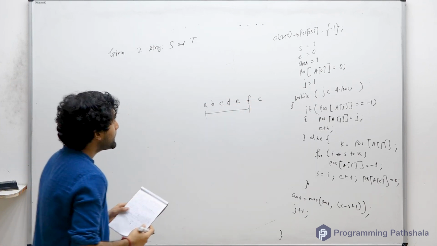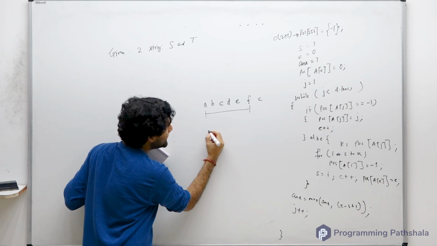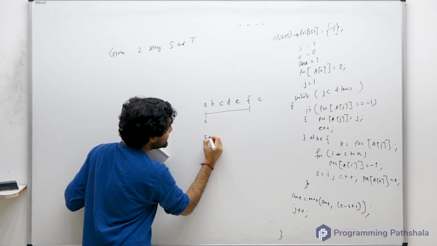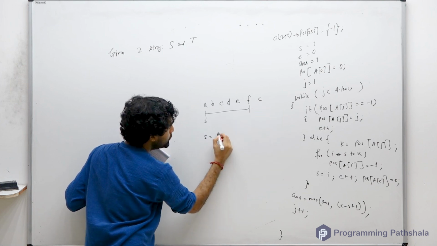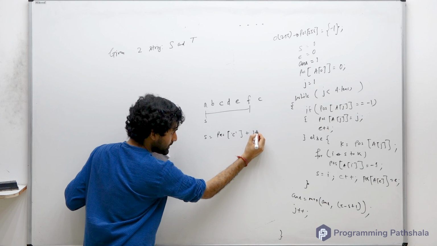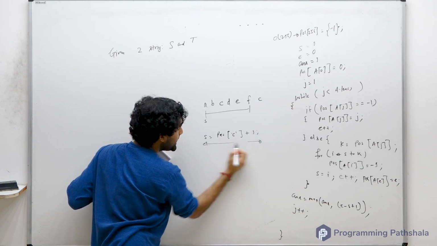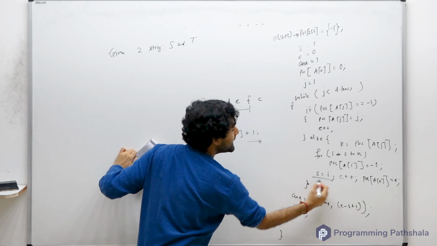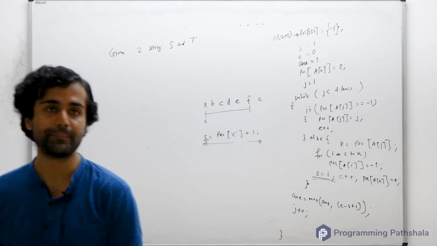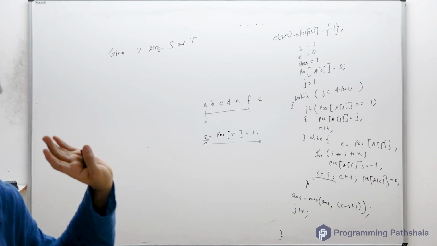So tell me one thing, one of you said that, hey, why don't you do something like this, that you convert this S as position of C plus 1. So, okay, even in this code, this is the change to S that is getting made. Yes or no? Even in this code, the change to S is this only, right?